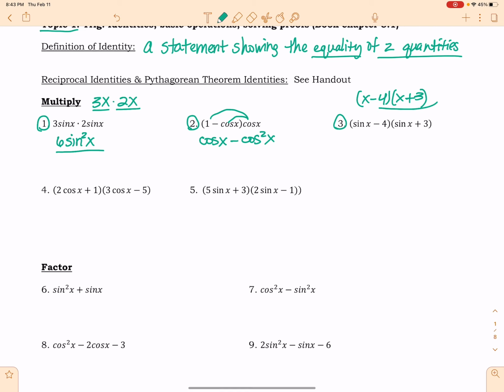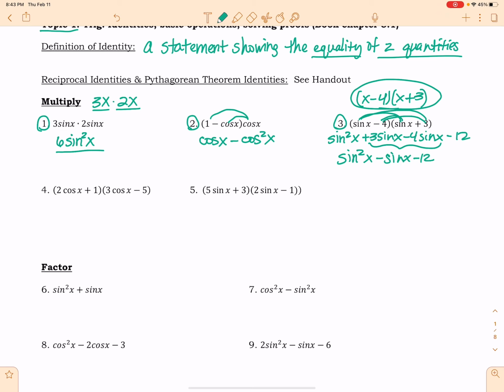Sine x times sine x is sine squared x. Sine times 3 is 3 sine x, negative 4 sine x, and negative 12. These are like terms, so we will combine these. So we have sine squared x minus sine x minus 12. So that's what that would look like.